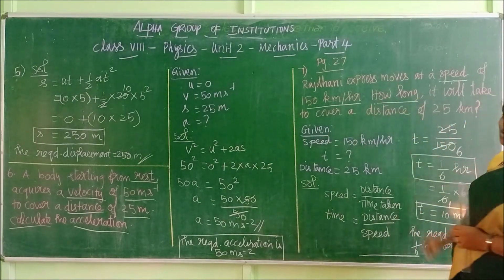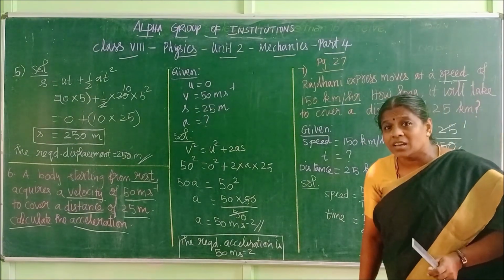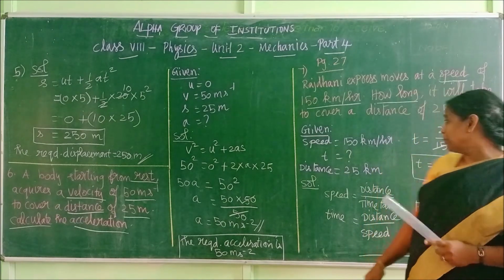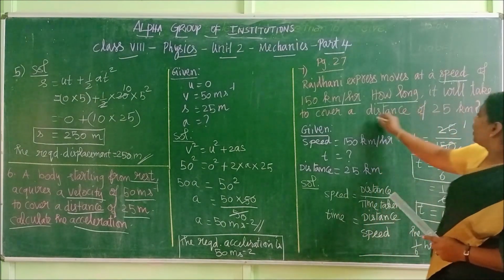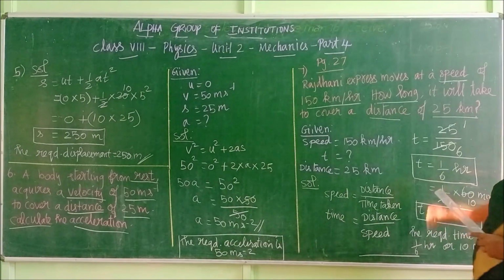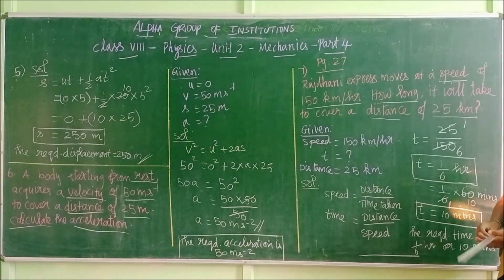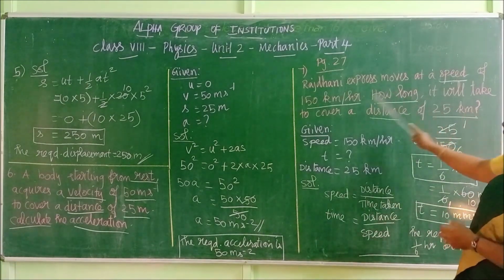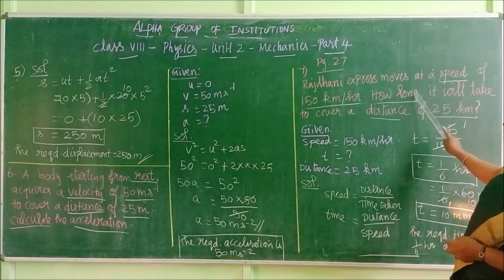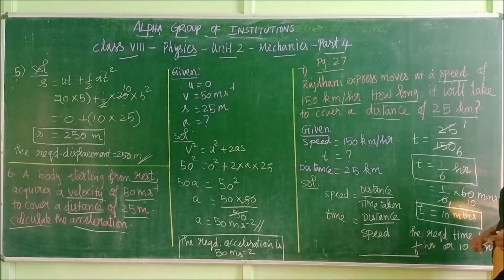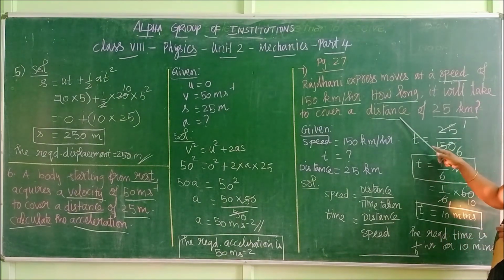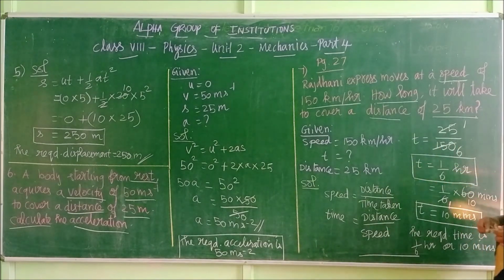How long? How long means indirectly what is asked? Distance or displacement. It will take to cover a distance of 25 km. Now what is given? Speed is 150. Time is what? How long means time. Distance they have given. Distance is 25 km.